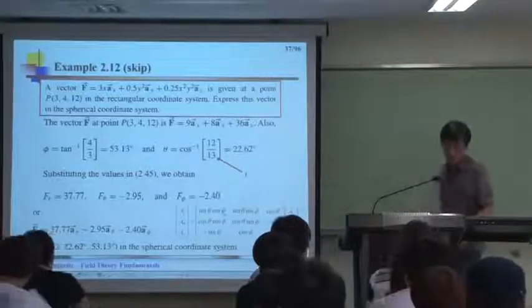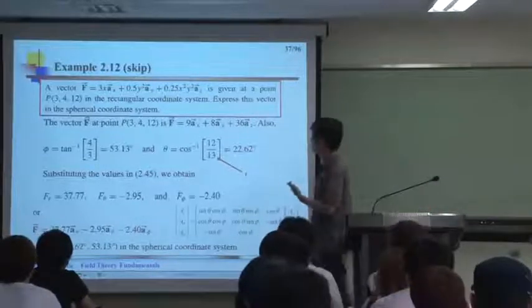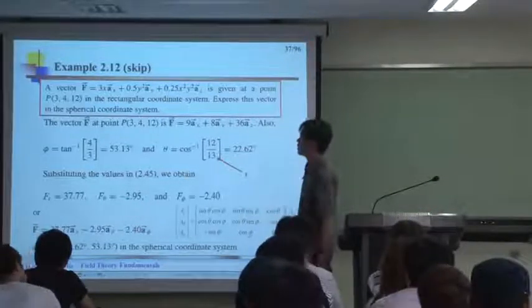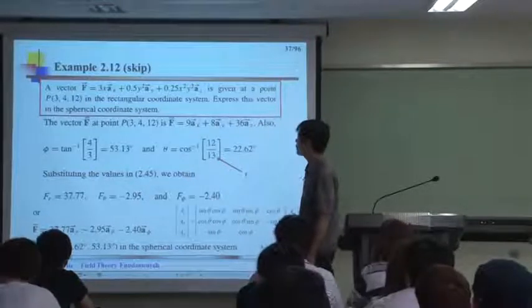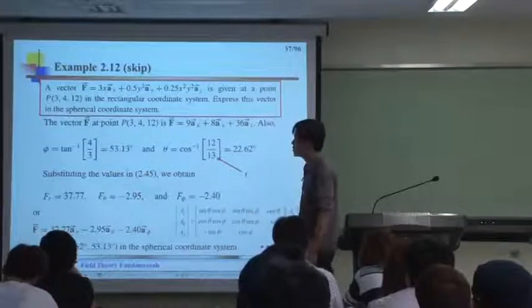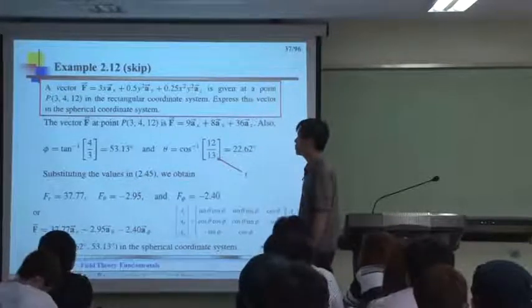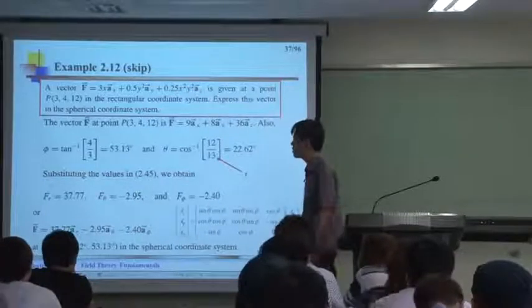Okay, so here is an example. The vector f is given at the point P, 3, 4, 12 in rectangular coordinates, and express this vector in the spherical coordinate system. It is a relatively easy example.